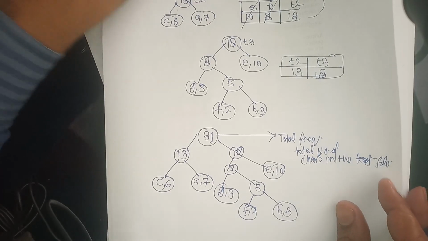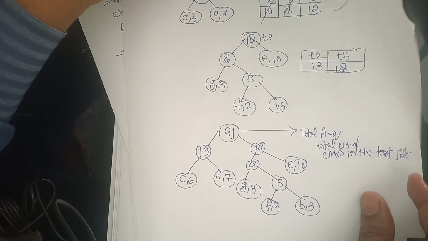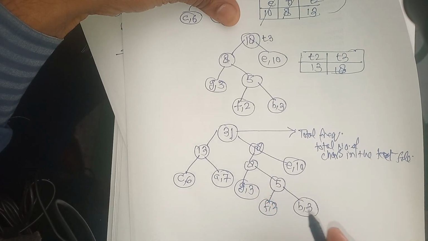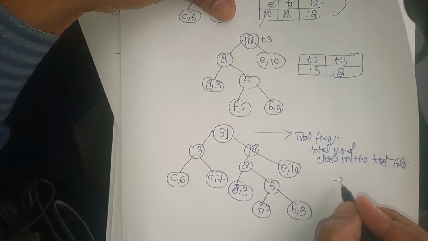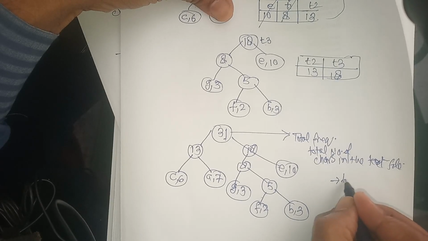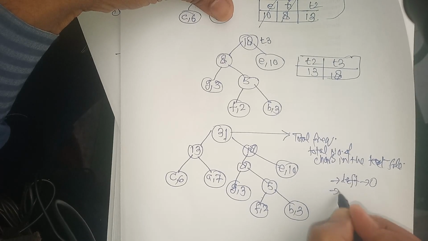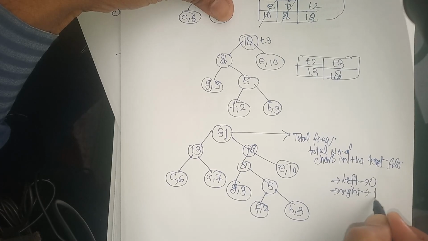After this, we will label the tree and find the code for each of the characters. So for labeling, we have to note down that the left branch of each node will be assigned 0 code. Left will be assigned 0 always, and right branch will always be assigned 1.